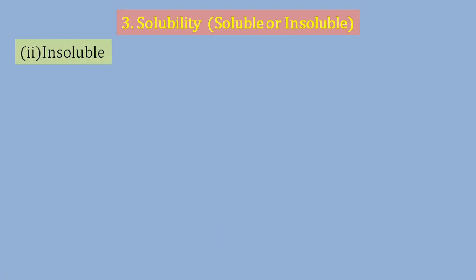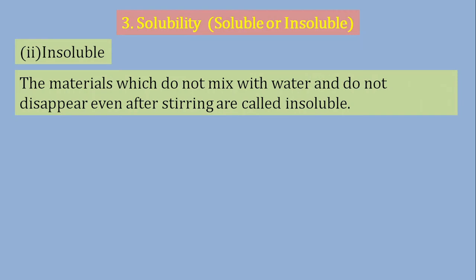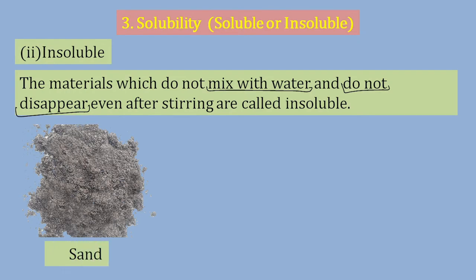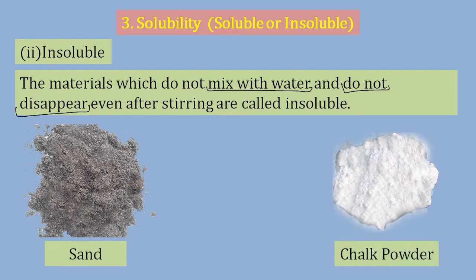Second are insoluble materials. Those materials which do not mix with water, or when they are mixed with water, they do not disappear completely. Examples are sand and chalk powder.